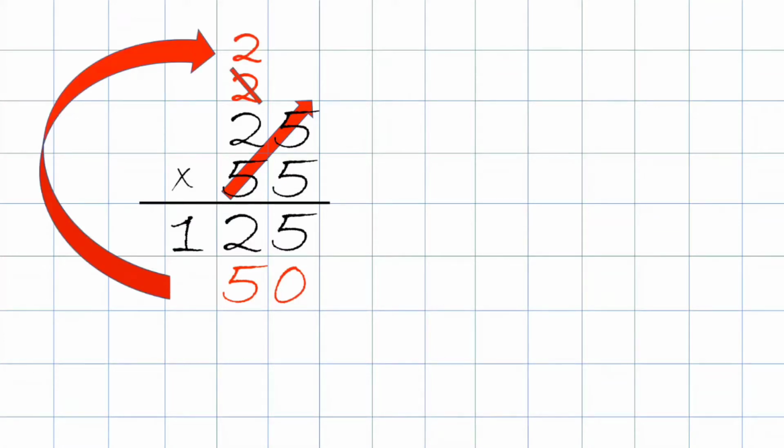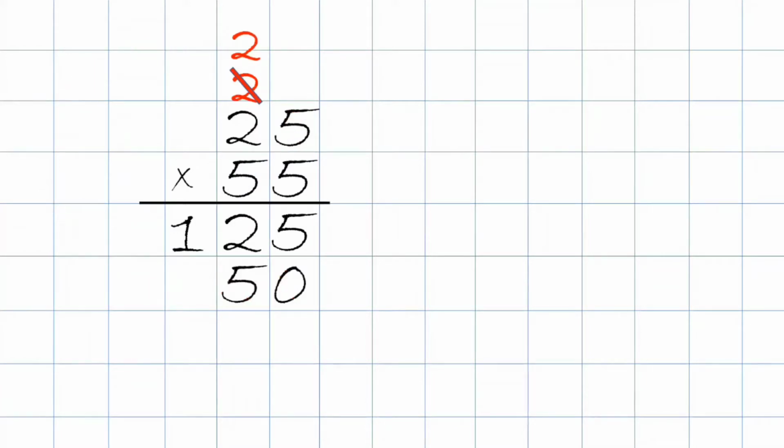And cross out the previous 2 because we don't need it. Then we take 5 times 2 plus 2, and we know that 5 times 2 is 10, plus 2 will be 12. And this time you write both digits, 12, right up here.